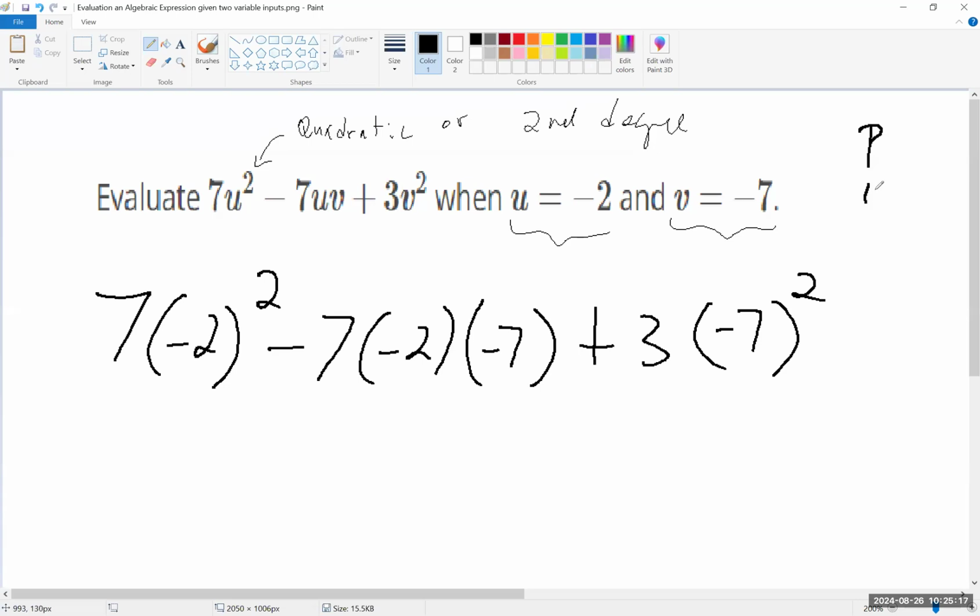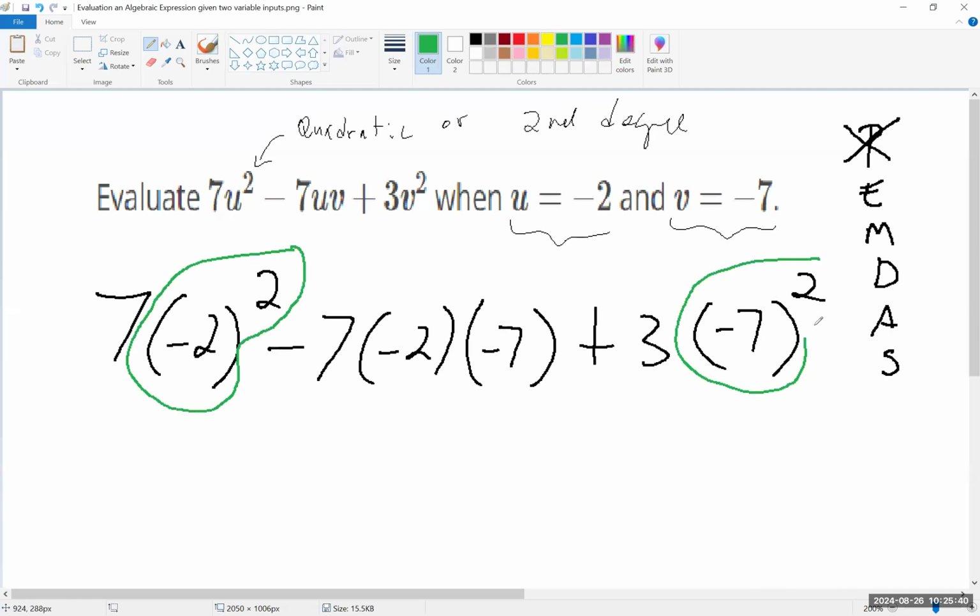So in this case, if you're using PEMDAS as a support or help to do this, there's nothing to do with a P. But there are 2 exponents, and you're gonna do that piece first, which is here and here.